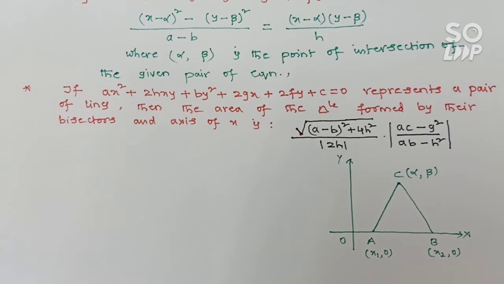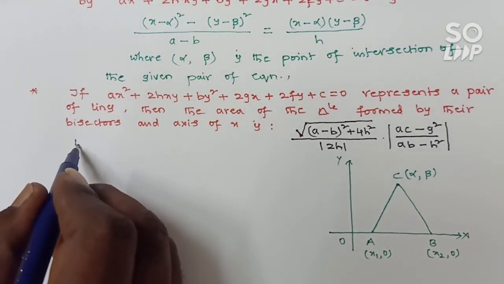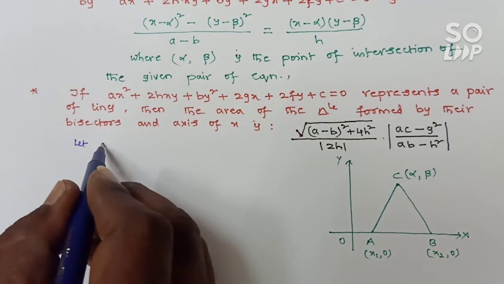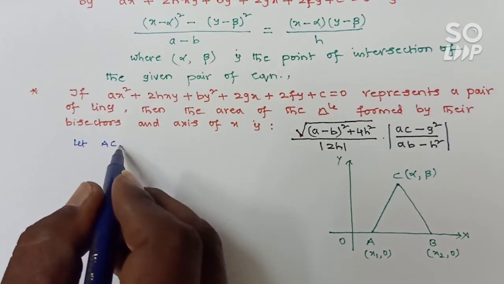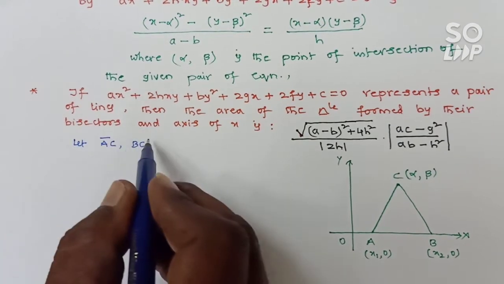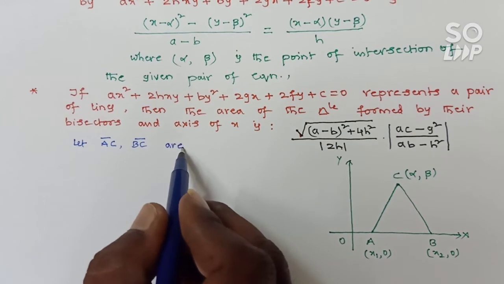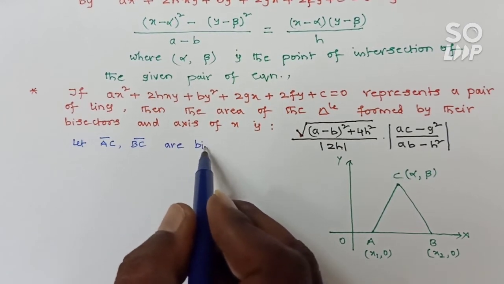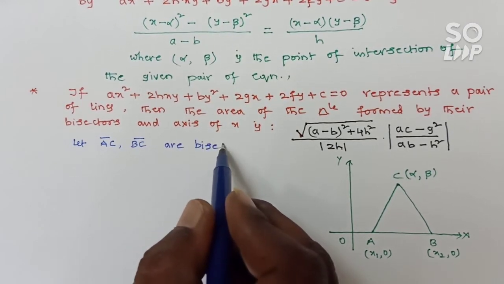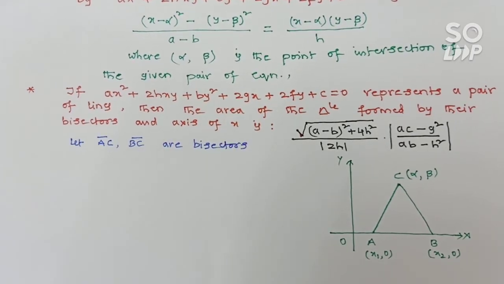So first, before noting this down, here you write: let AC, BC are bisectors, right?